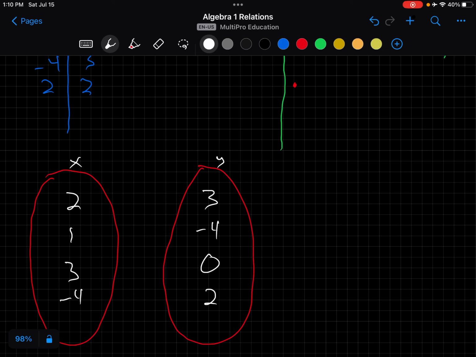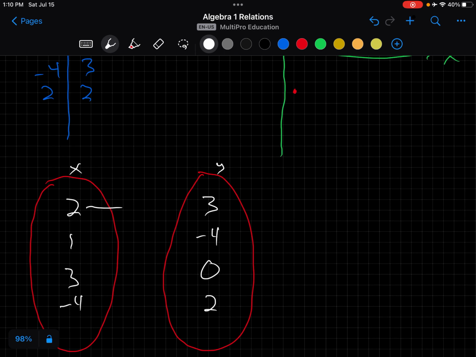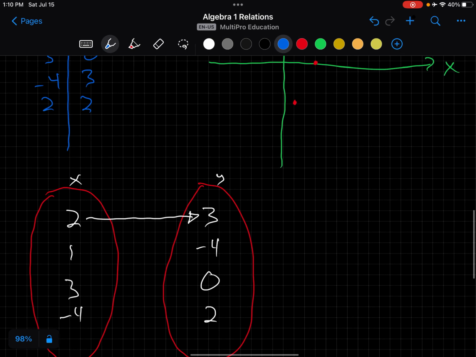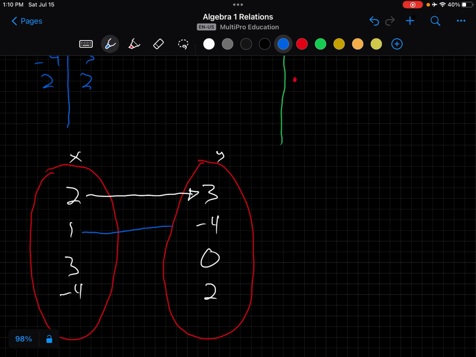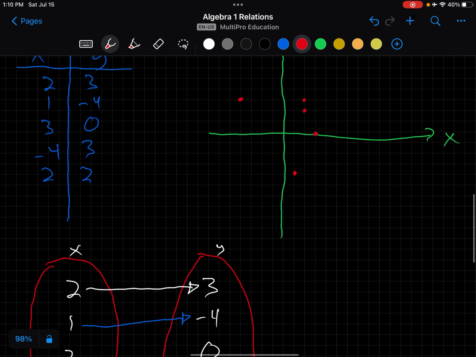So I'm going to draw arrows from the X to the Y. The first one is (2, 3), so we draw an arrow from 2 over to 3. The next is 1 to -4. Are you still following me? If you need to pause the video, you're welcome to pause and rewind.